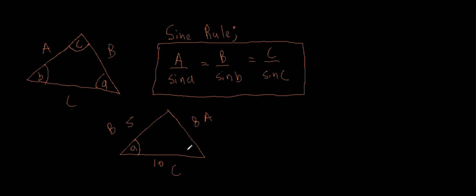And let's say I have angle B to be 55 degrees. So by the sine rule, we say a all over sine of A because that's what we want to find.